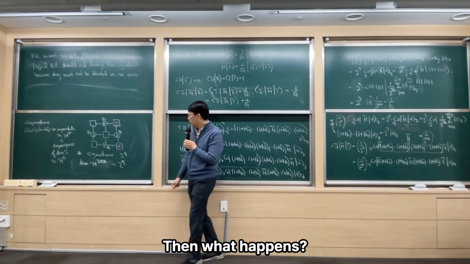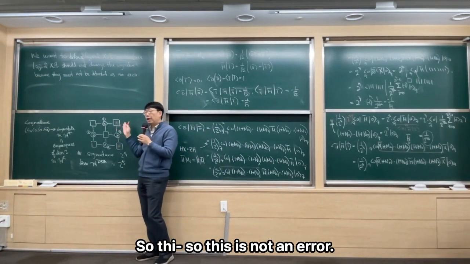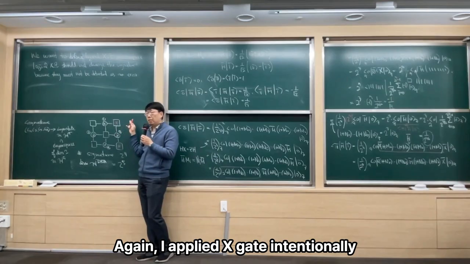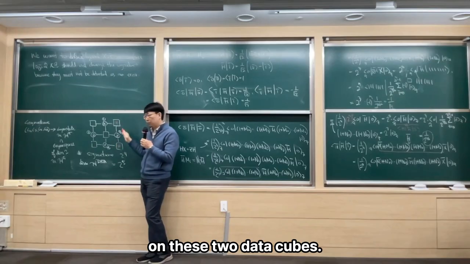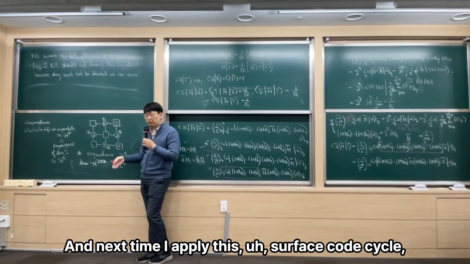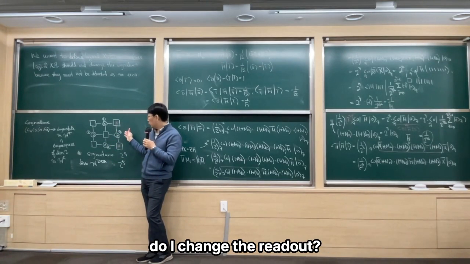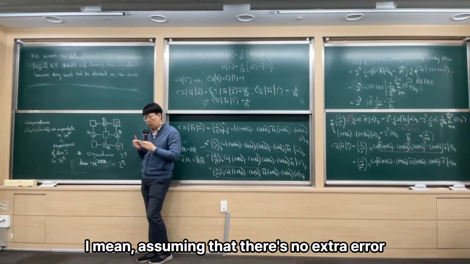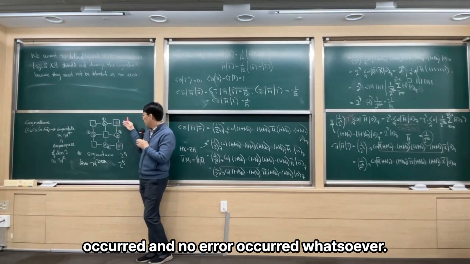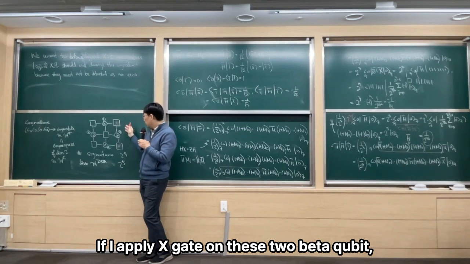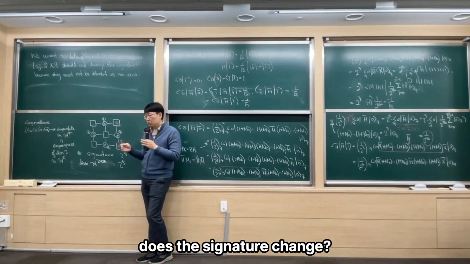Then what happens? This is not an error, I apply the X gate intentionally on these two data qubits, and the next time I apply the surface code cycle, do I change the readouts? Assuming no extra error occurred whatsoever. Does the signature change?